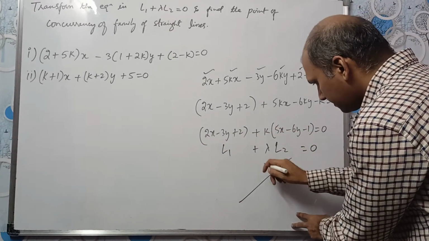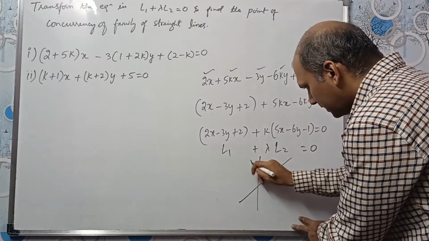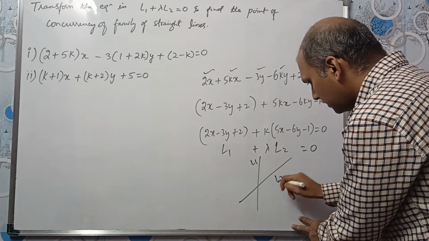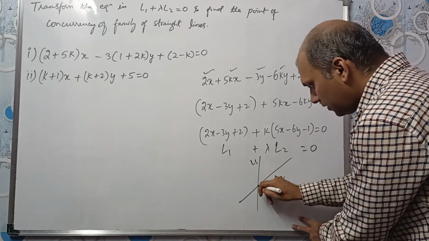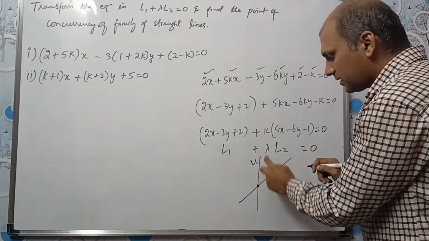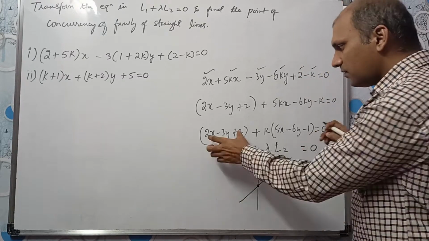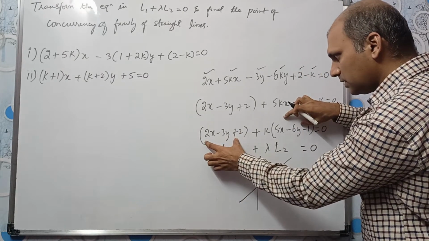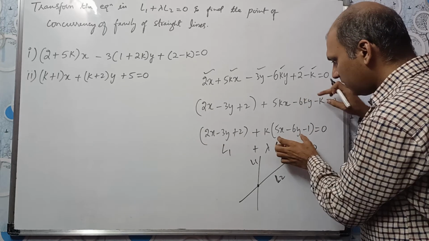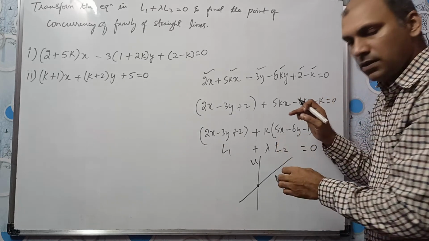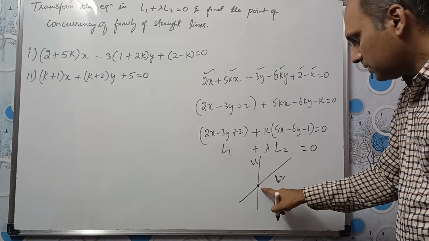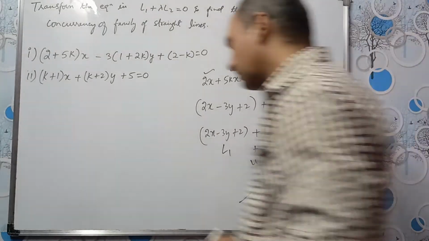What was the concept? See, two lines, this is the first line, this is the second line. We need to find the point of intersection of these two. That means if we simplify these two, 2x minus 3y plus 2 and 5x minus 6y minus 1, we will get this point, isn't it? Let us simplify that.